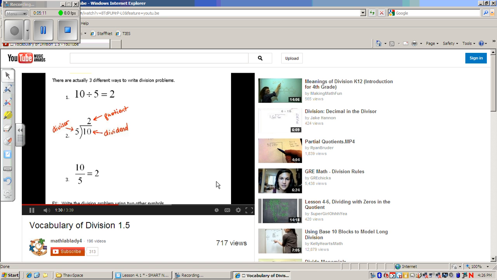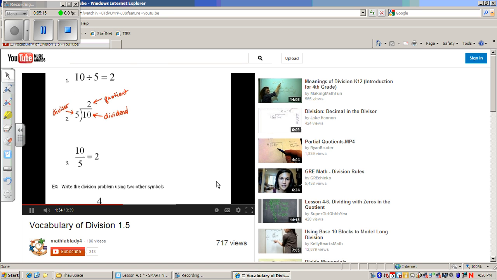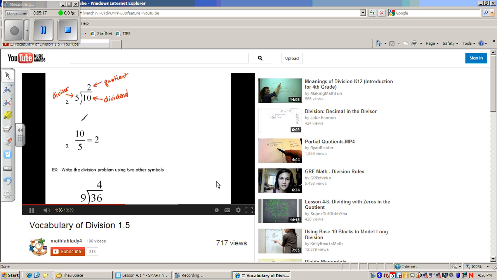Now, there's actually a third way to write division problems, and that is as a fraction. So here we have this division problem, which is all that a fraction really is. It's just a compact way of writing a division problem. This literally says 10 divided by 5 equals 2. And even though our numbers are in a different position, they still have the exact same terminology.